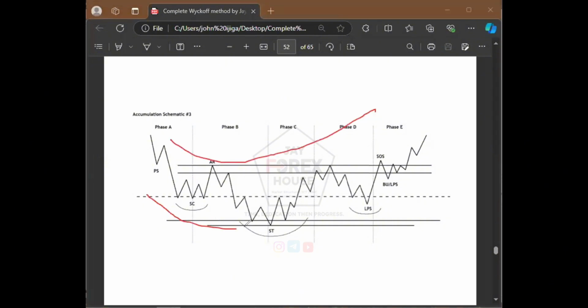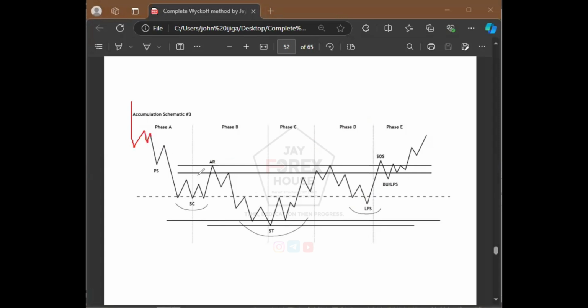You see, this is an uptrend schematic. An accumulation identifies the end of a downtrend and the beginning of an uptrend. So the accumulation is found at a discount level of price. That's what I was trying to explain to you guys earlier. So we have phase A, which is the ending of the downtrend.